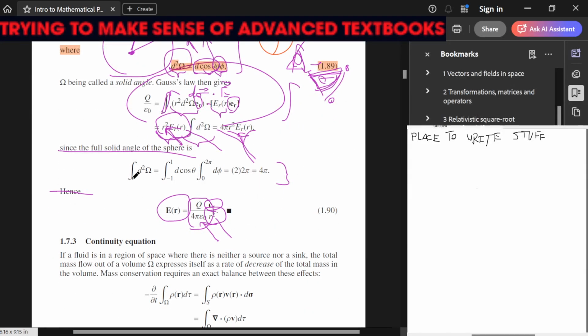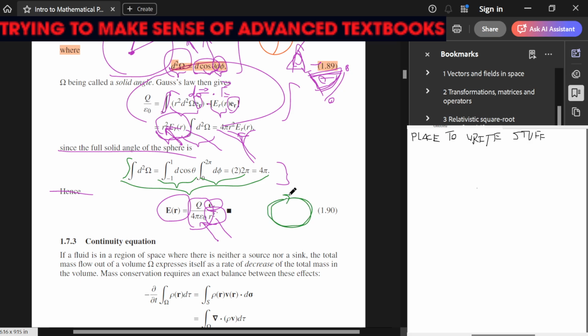Okay, even though I'll do this at another time, let me try to make sense of this. Alright, so we're double integrating, one of 0 to 2 pi. That's just a circle.